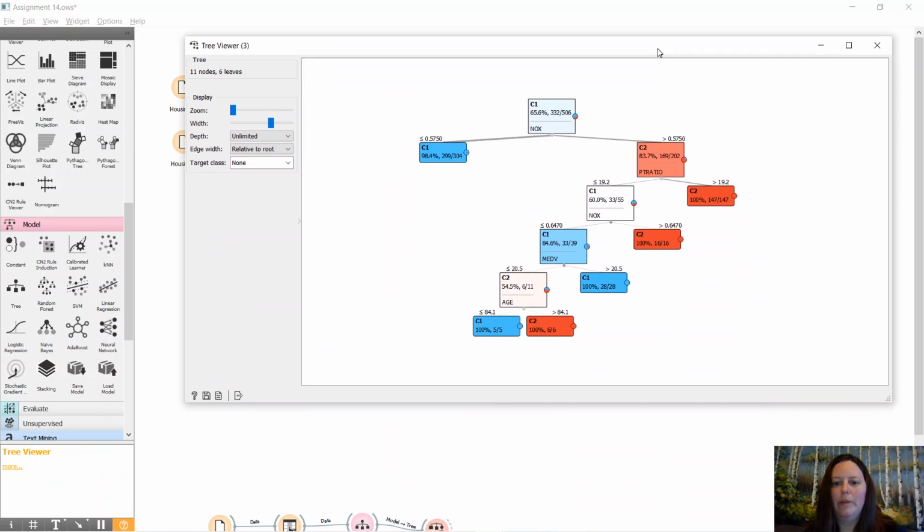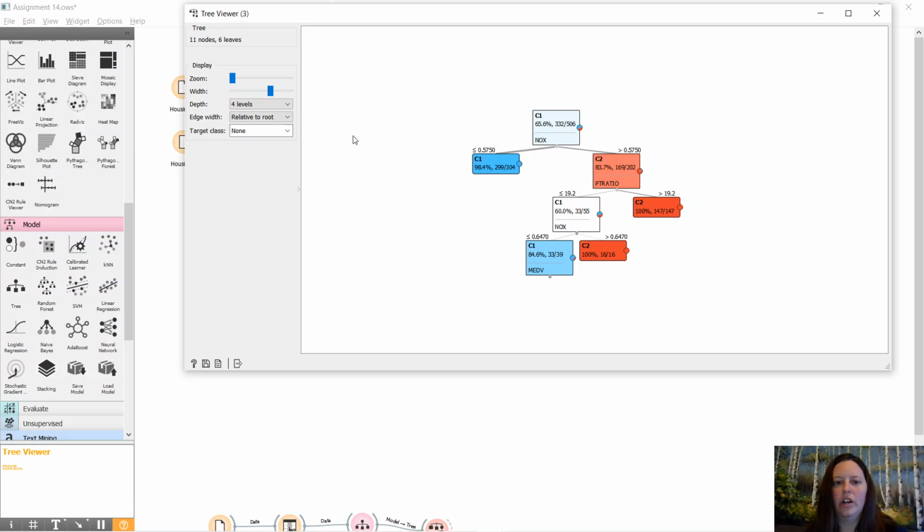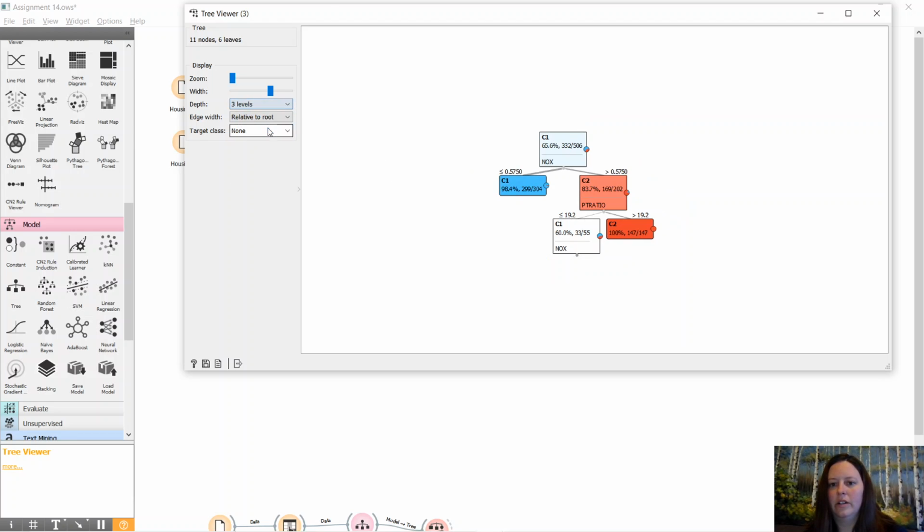But we can also make this tree smaller or even smaller just by changing the levels, the depth of the decision tree. And this is much easier to decide where we're going to live, if we're going to live with high pollution or low pollution.